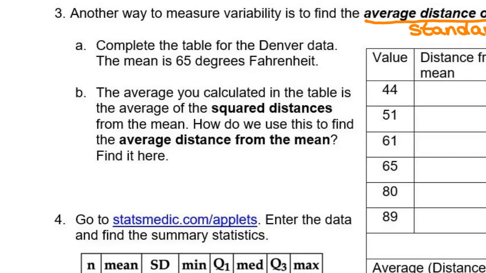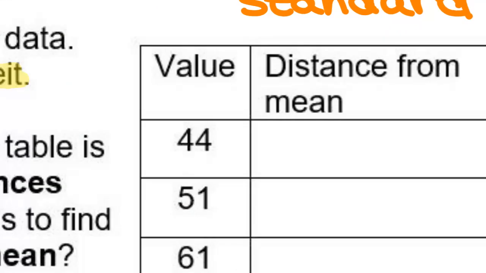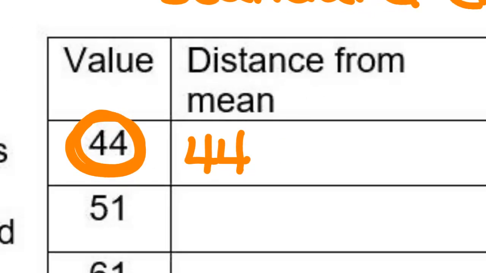So part A right here says complete the table for the Denver data. The mean is 65 degrees Fahrenheit. So the first thing that we want to do for each of these values is calculate how far is it from the mean. So I'm going to take my value, so in this case 44. I'm going to subtract the mean, so minus 65.